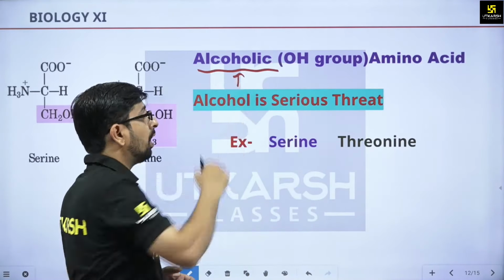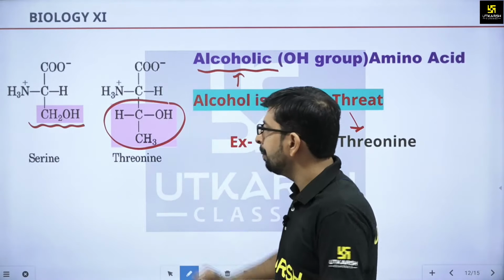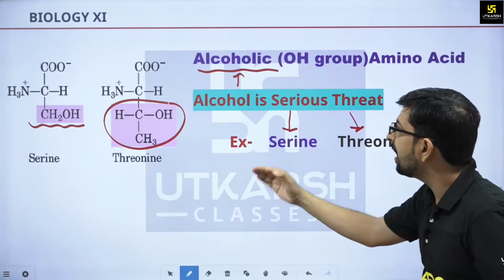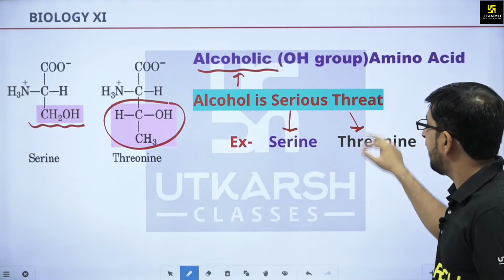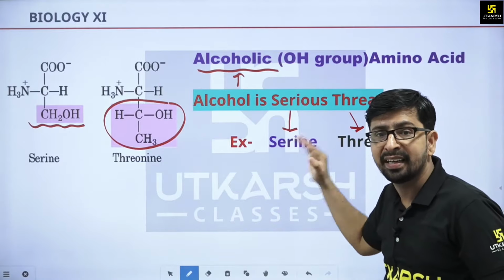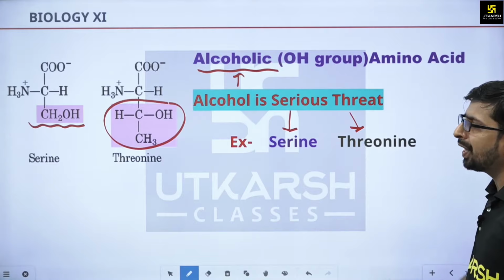This is the picture of the alcoholic group. You can see CH2OH. This is the alcoholic group, serine and threonine. Alcohol is serious threat. Clear बच्चों? The simple mnemonic for alcoholic group.